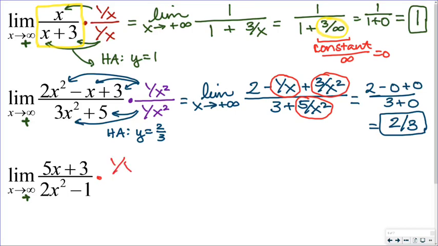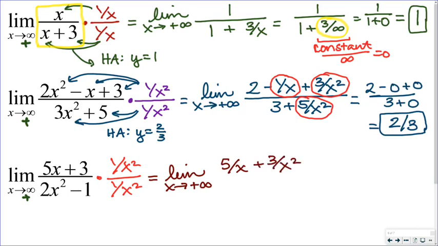So I'm going to multiply everything by 1 over x squared, which is another way of saying I'm going to divide everything by x squared, which is going to give me the limit as x approaches positive infinity of 5 over x plus 3 over x squared divided by 2 minus 1 over x squared.